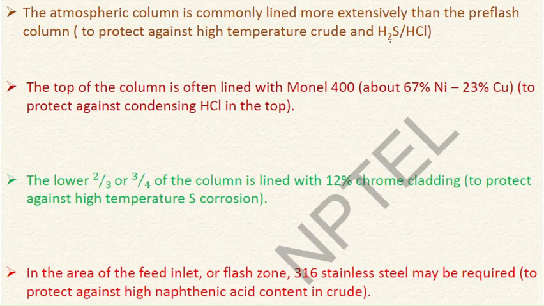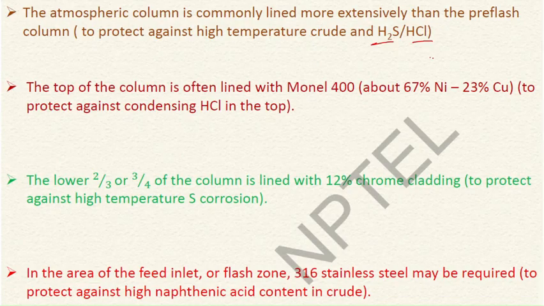So if there is some amount of H2S present, or some amount of NaCl, as we told, desalting is required. But if some traces of NaCl are still left, then on coming in contact with water or steam in the distillation column, it may form HCl, and in the top portion of the atmospheric column it may form traces of HCl and cause corrosion.